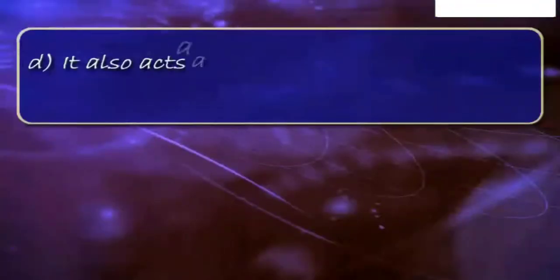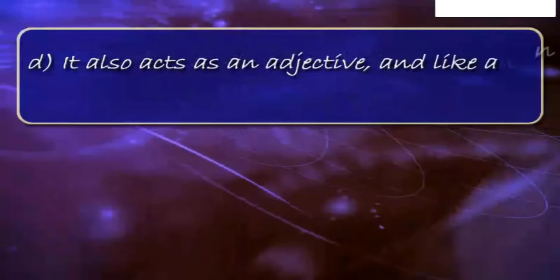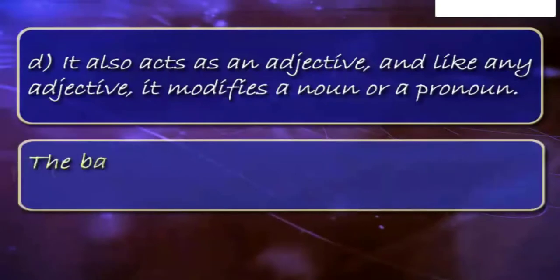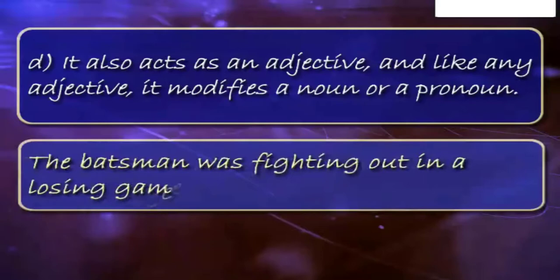It also acts as an adjective, and like any adjective, it modifies a noun or a pronoun. The batsman was fighting out in a losing game. Here, the present participle of the verb lose is modifying the noun game.